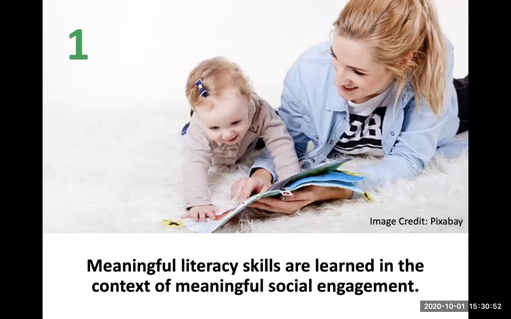So having fun, sharing that moment, making it fun for them and meaningful, using their interest areas, having them really engage in the moment with you is going to build that foundation. So that's the first strategy.